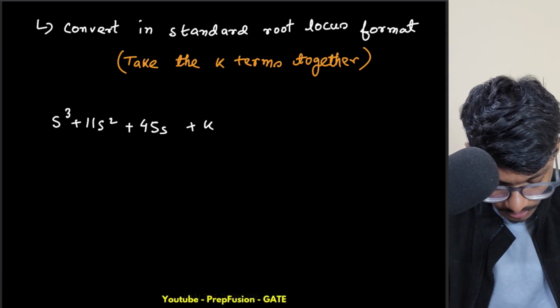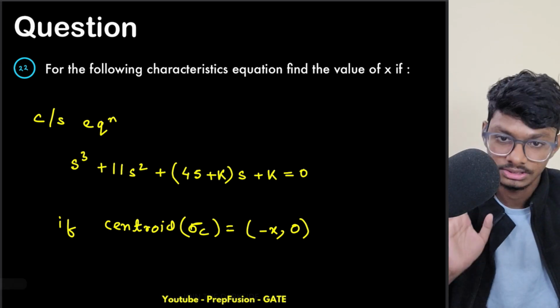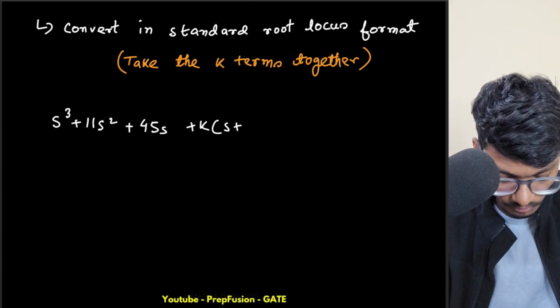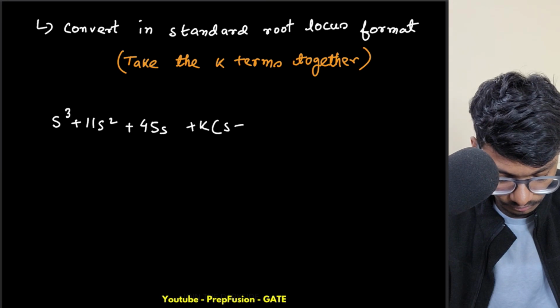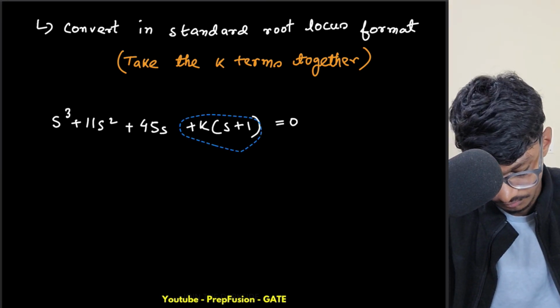So this one will become k, I will take common as I was mentioning previously, and this one will become s plus 1, which is equal to 0 itself.